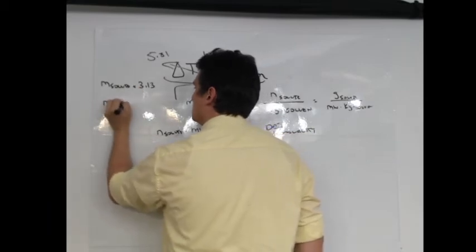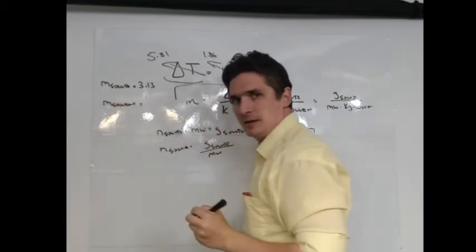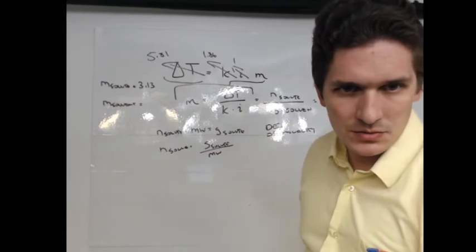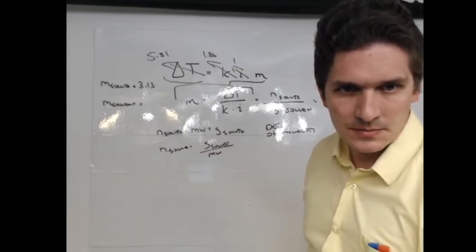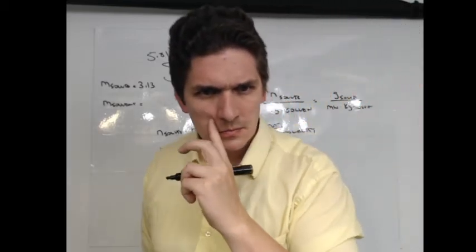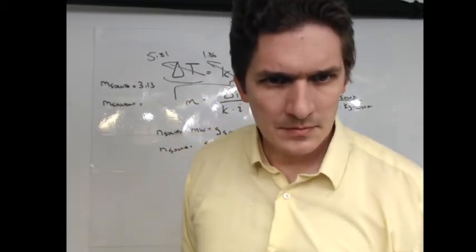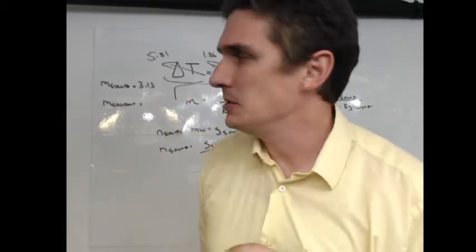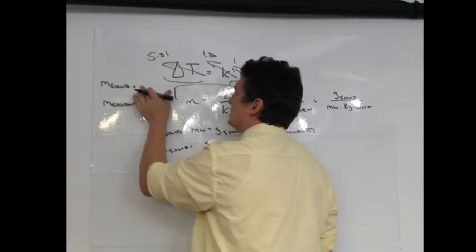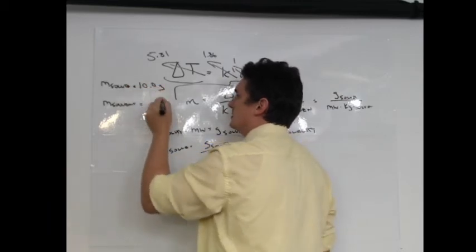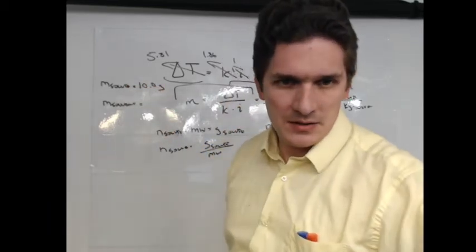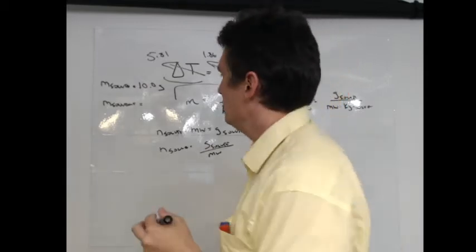The mass of solvent is... Oh, I'm guessing you saw for the molality. Oh, you got 10 grams. That makes a lot more sense. And the mass of the solvent is 0.1 kilograms.